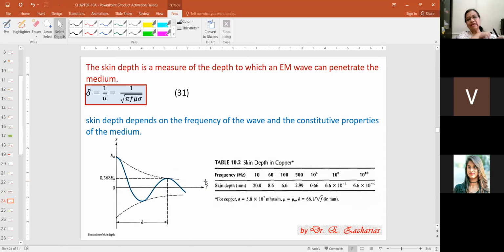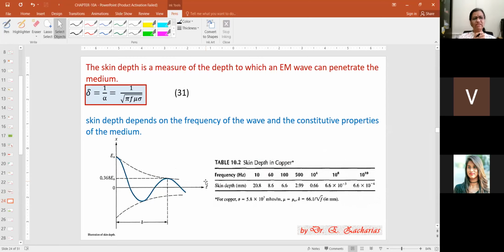So what is skin depth? Skin depth is a measure of the depth to which an electromagnetic wave can penetrate inside a conductor, and we can take this concept to other media also. You saw that delta equals 1 by alpha.